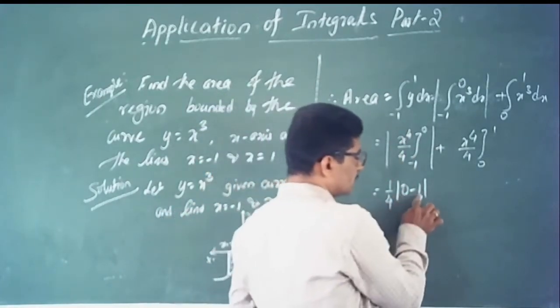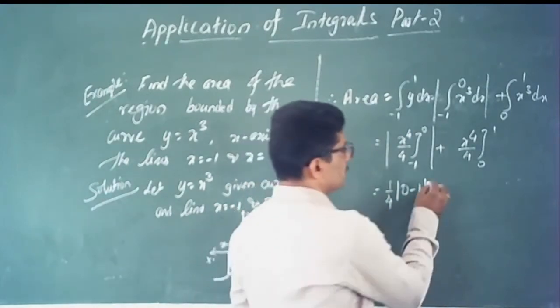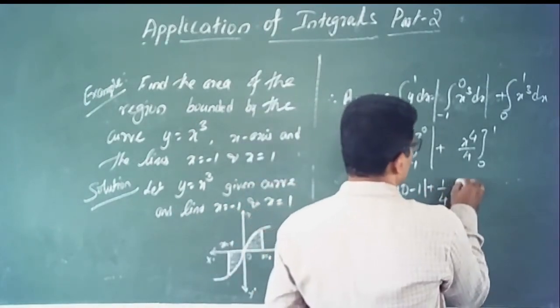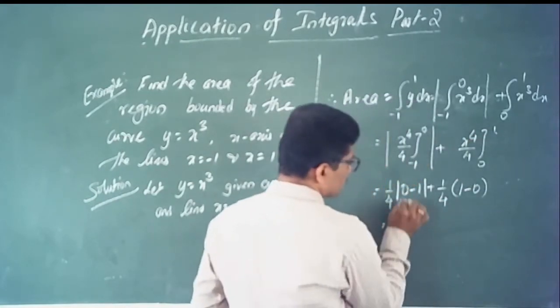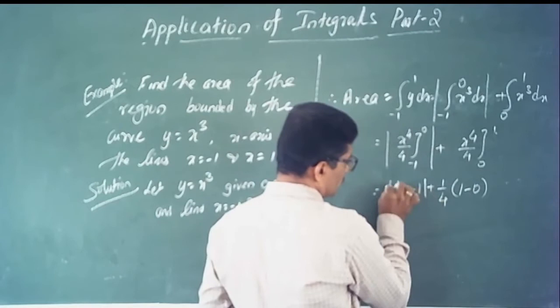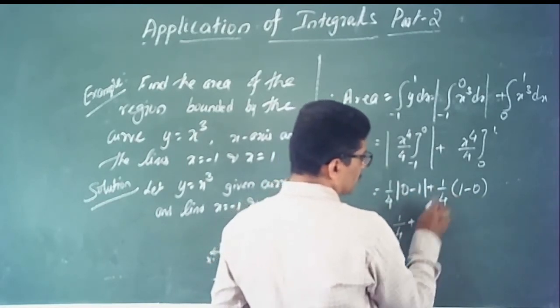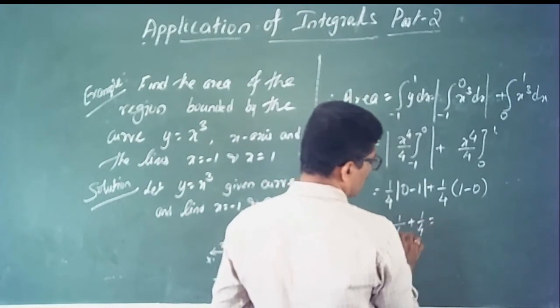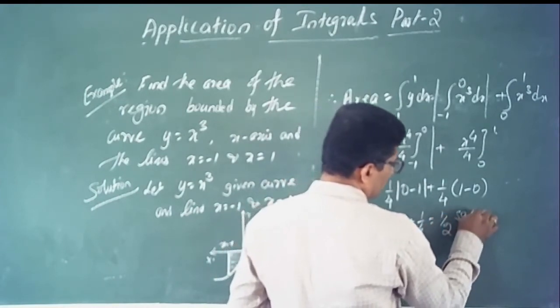Here you know that this value is -1, therefore here taking modulus sign. Plus here also 1 by 4 into put x equal to 1, 1 minus 0, therefore this value is modulus means +1. 1 into 1 by 4 means 1 by 4 plus 1 into 1 by 4 means 1 by 4. 1 by 4 plus 1 by 4 means half square units.